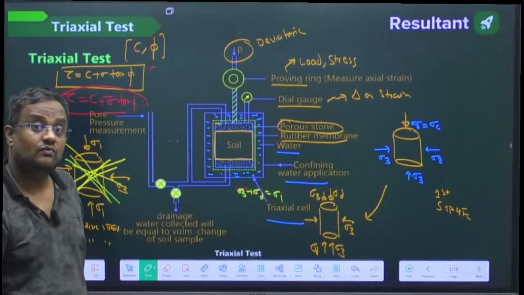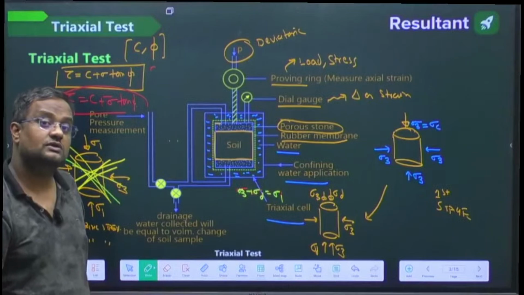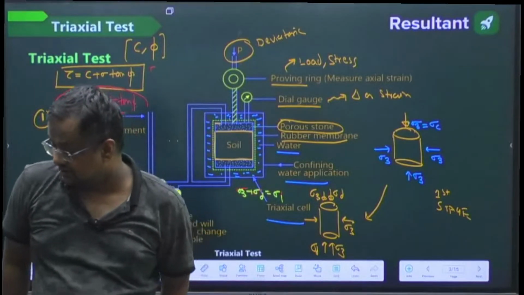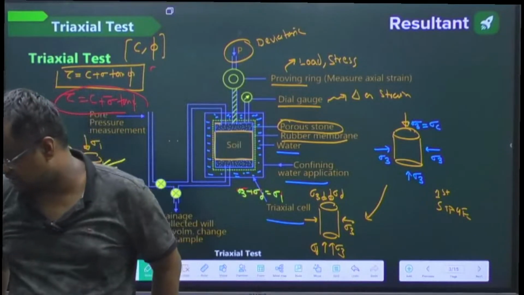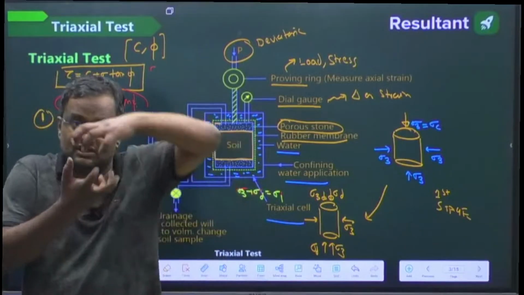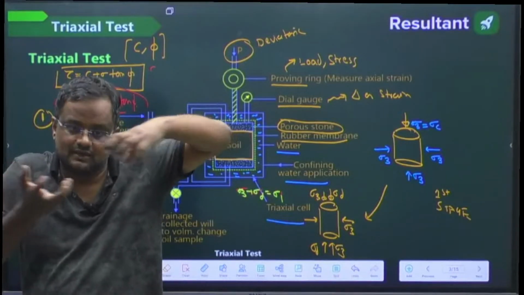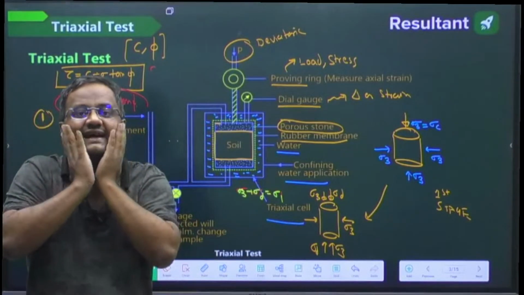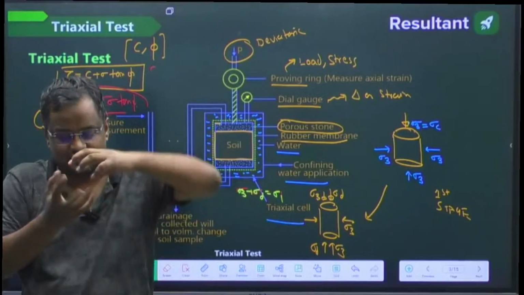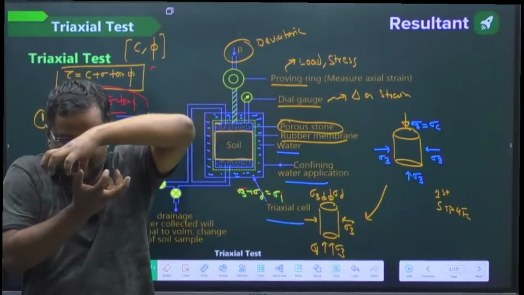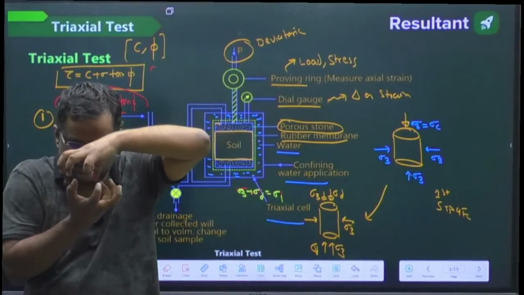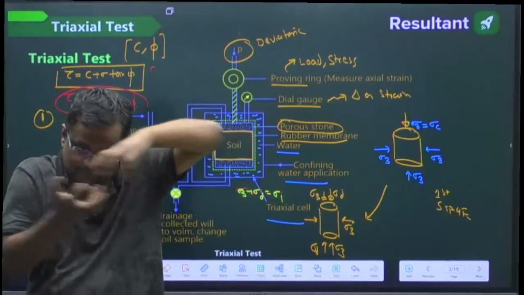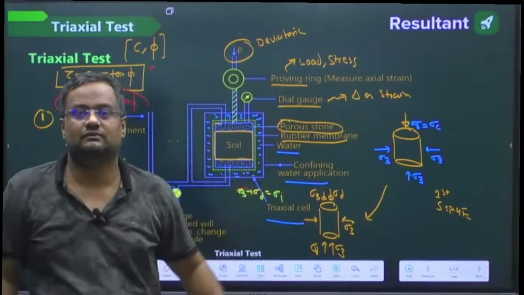And why is the triaxial test universal? First of all, unlike the direct shear test, if you remember, where the apparatus is such that the failure will be in a particular predefined plane. One soil sample is here, one is here, and we shear the same soil like this, so failure will have to be here.